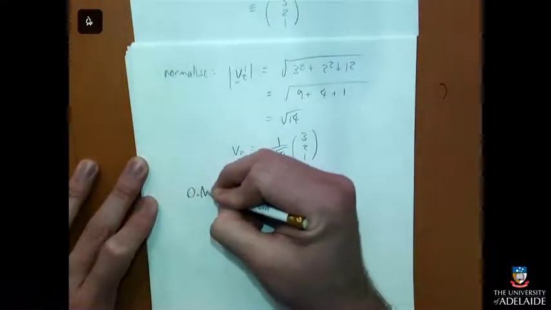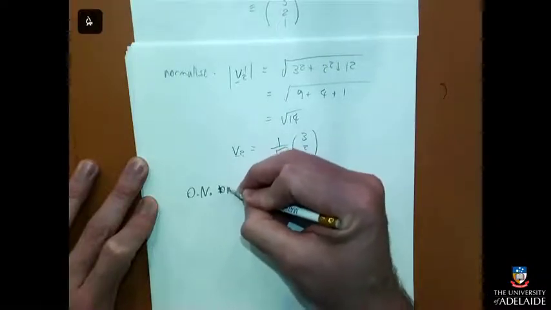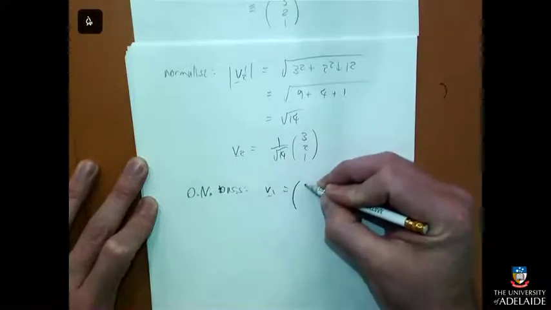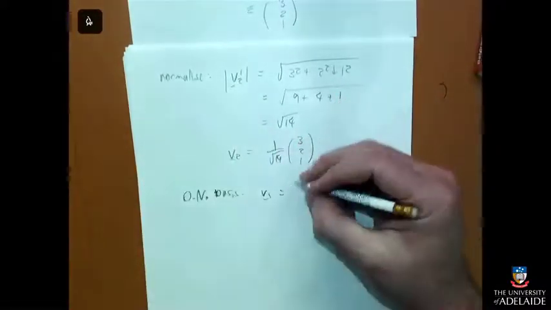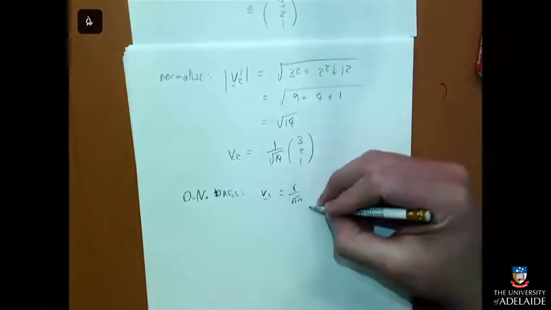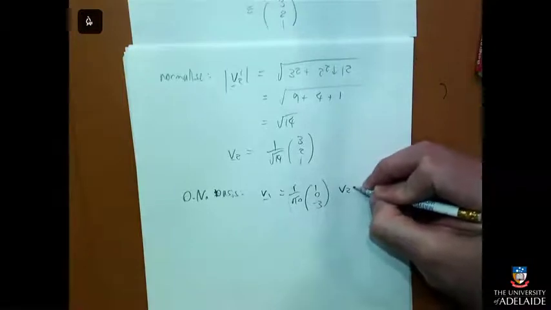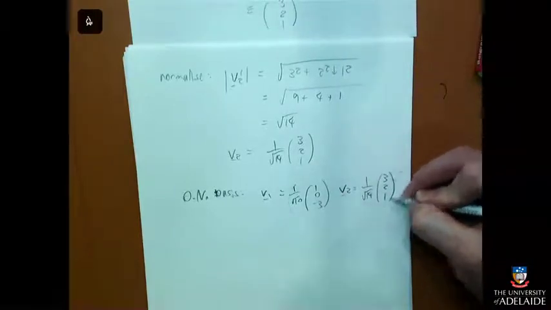So my orthonormal basis is my V1, which was 1 on root 10, 1, 0, minus 3, and V2, 1 on root 14, 3, 2, 1.